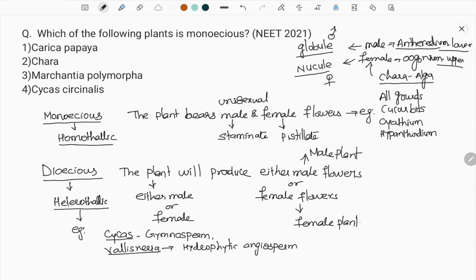Some more examples we can give, like toddy. We know Borassus flabellifer. We have mention of toddy, the South Indian traditional drink. That toddy palm is botanically called Borassus. It's also dioecious. Another example is date palm, Phoenix dactylifera.